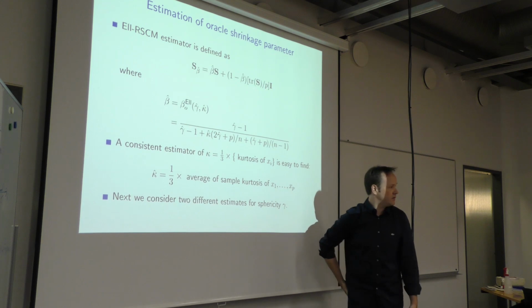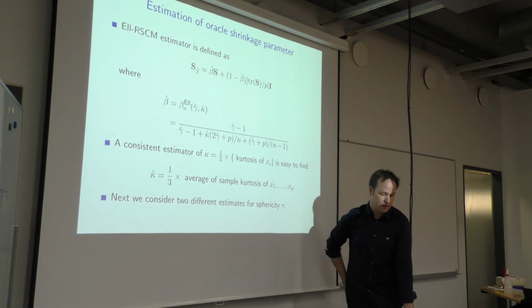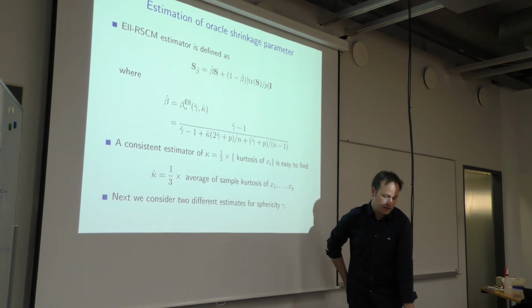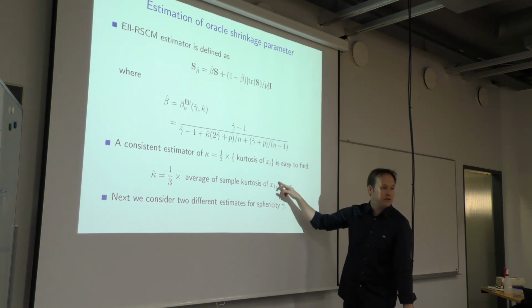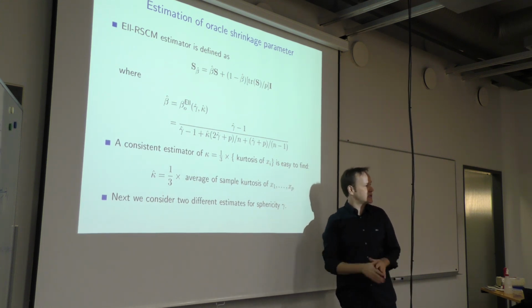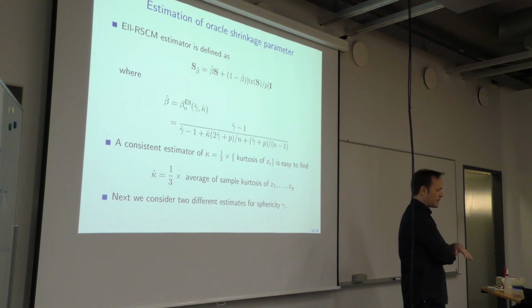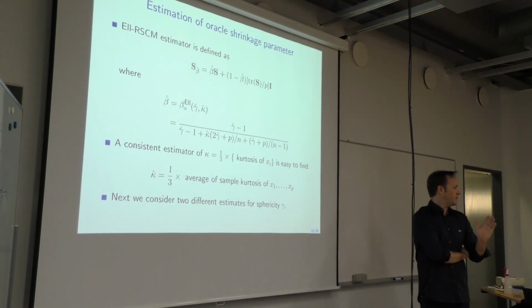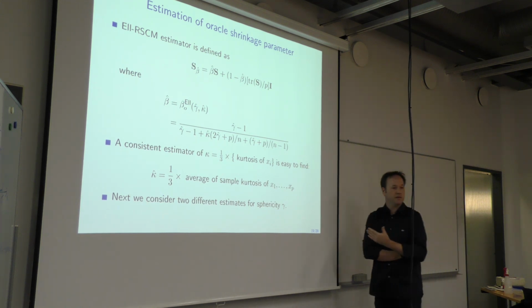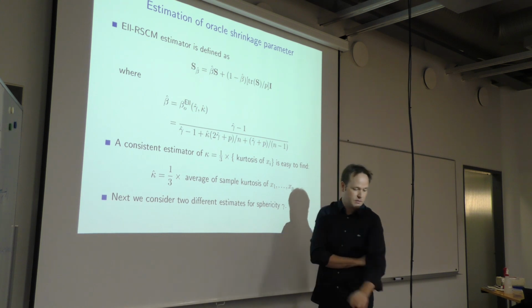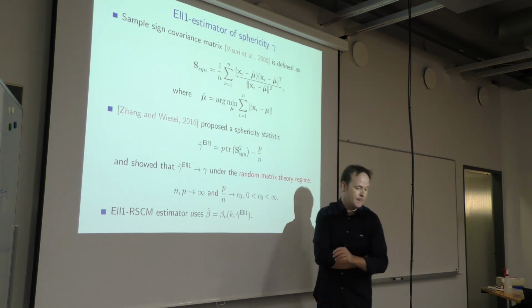Then we have an estimator for that shrinkage factor. And kappa hat, as I told earlier, is very easy to estimate. You can just compute the sample kurtosis of the marginal variables and take the average of those, and then just divide that by 1/3, and you get an estimate of that. So that part of the problem is easy.